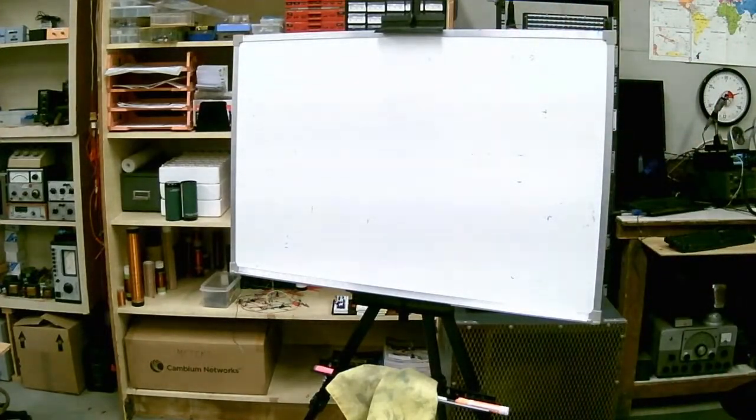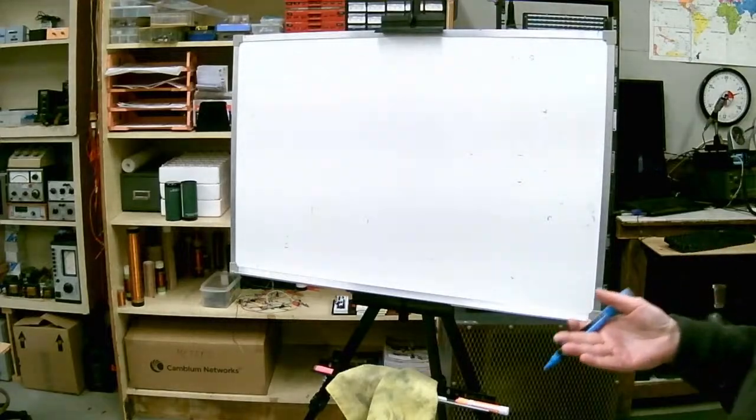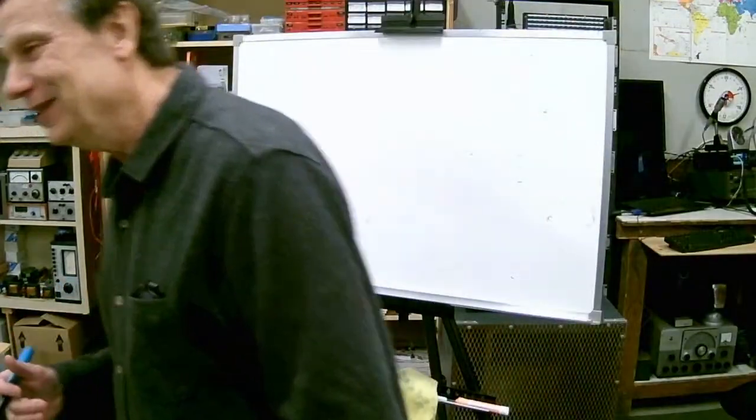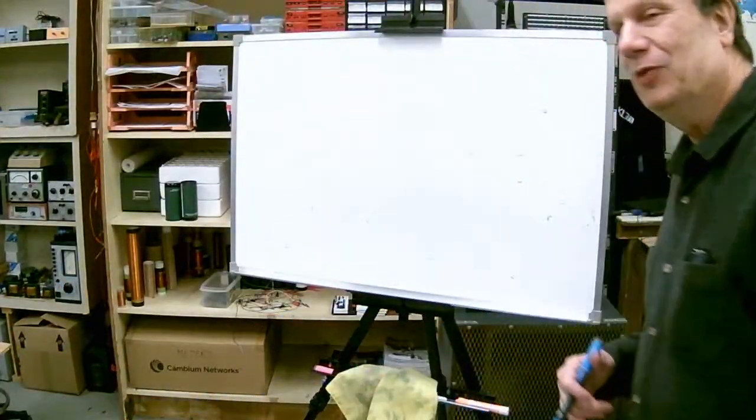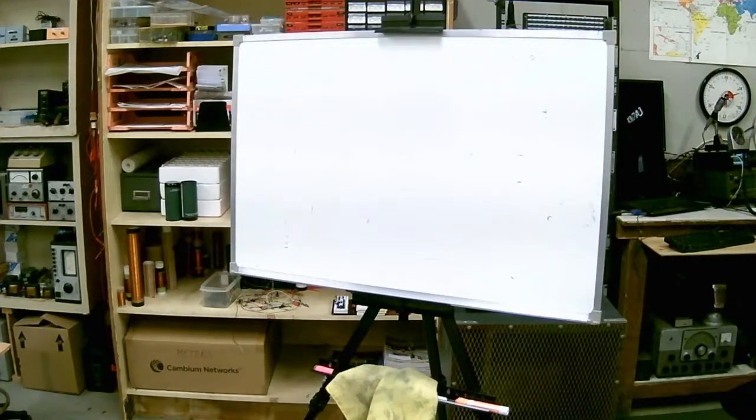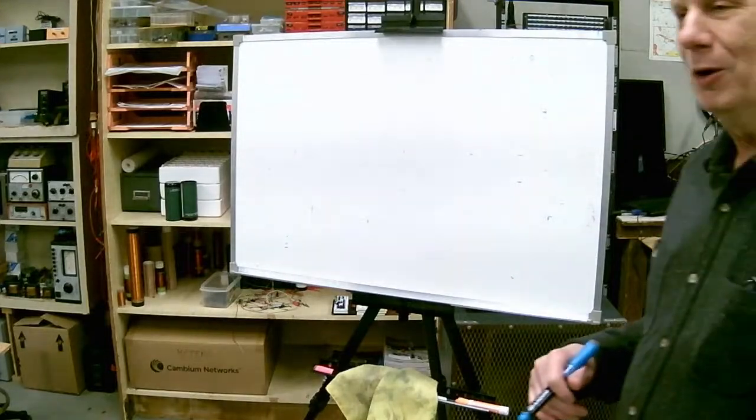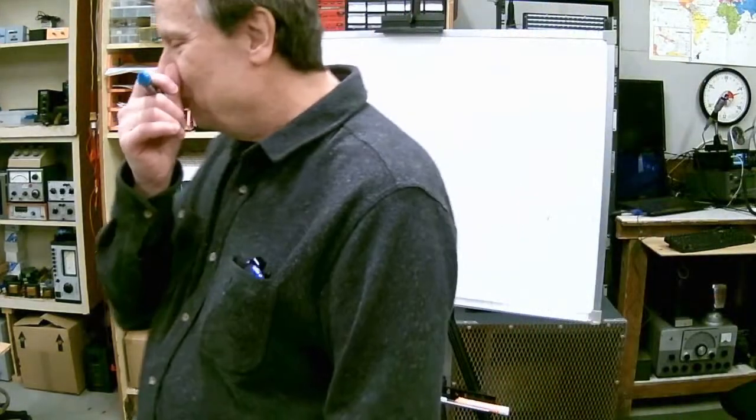Okay, well, now we've got some fundamentals of how an antenna radiates and how it deradiates or absorbs energy from space. Obviously, the more antenna you have out there for a given wavelength, the more you're going to be able to absorb. There's a factor called capture area.